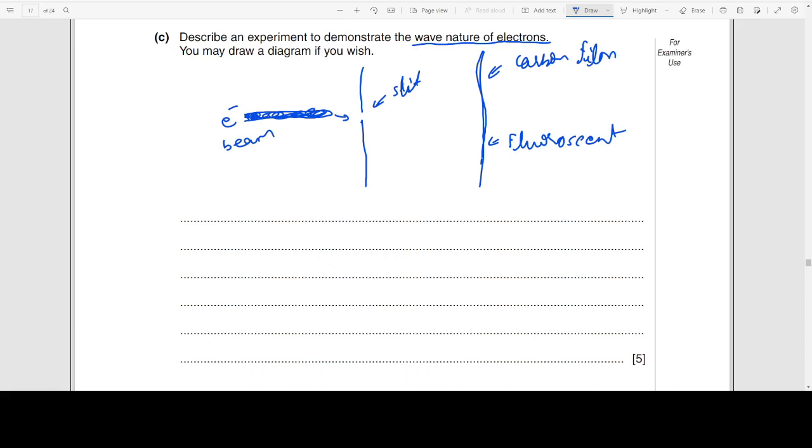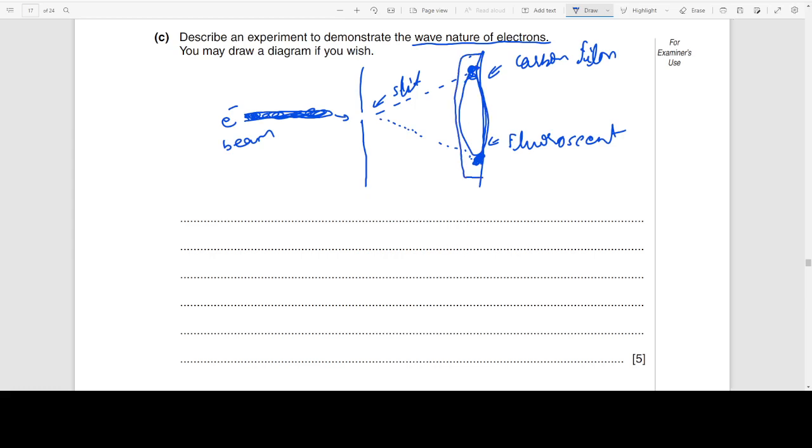Yeah, I guess we can just conclude that when an electron hits, there are chances that it might behave like waves, and it might land in two different positions, and there might even be concentric rings on the circle formed because of the electrons acting like waves. So yeah, this is pretty much it.